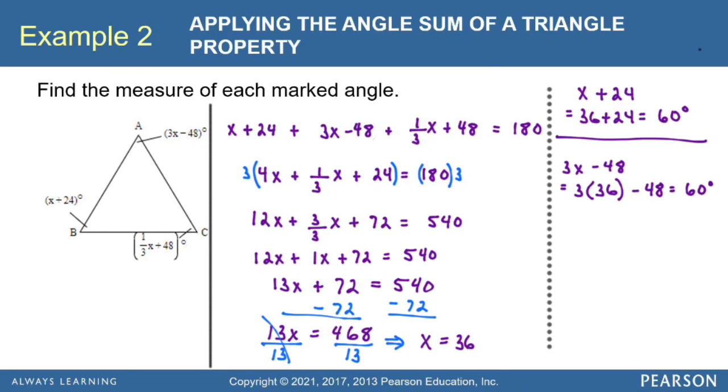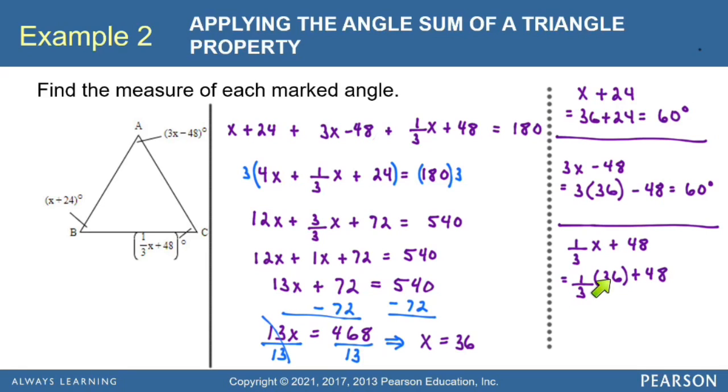And now we could get the third angle by subtraction. We could say 180 minus this angle minus that angle. But let's go ahead just for the sake of completeness and let's plug our x into this third expression. So it's going to be 1/3 x plus 48. That turns into 1/3 times 36 plus 48. Now 3 happens to go into 36.